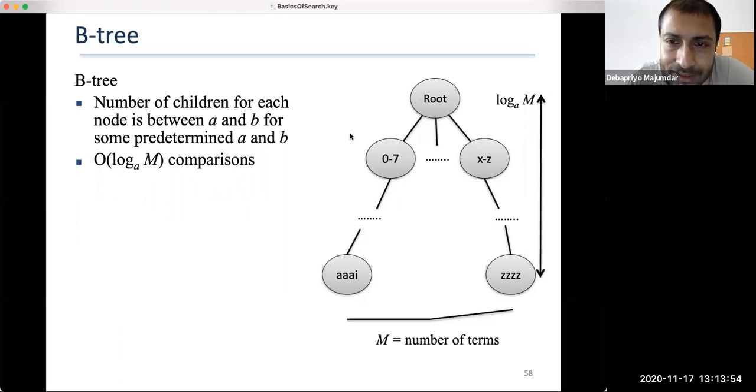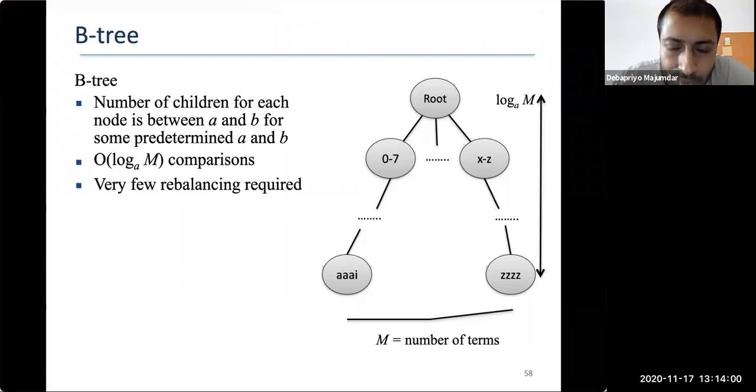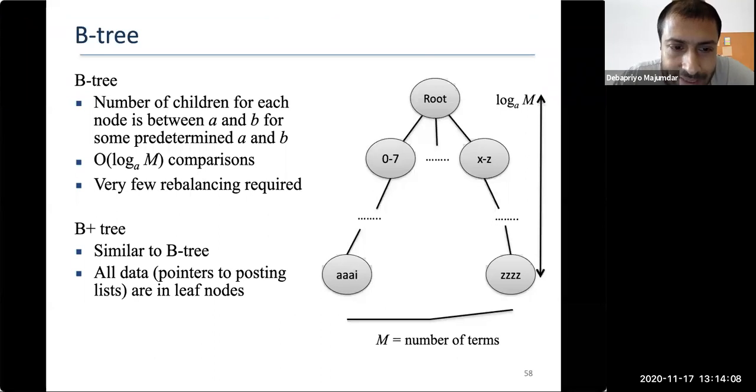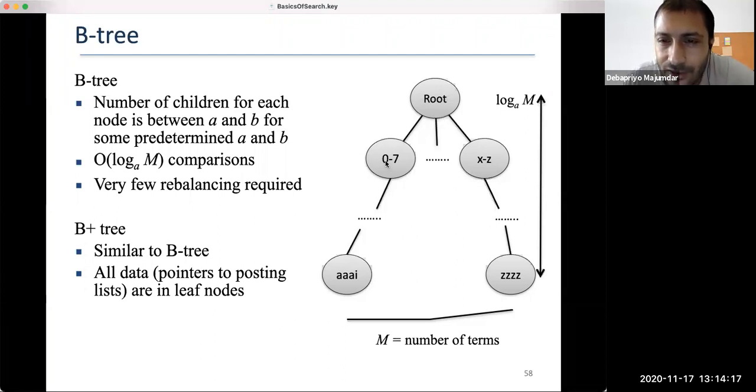Often for a search engine, you can actually get away with just a two level B tree or B plus tree. A B plus tree is similar to a B tree, but all the data pointers to posting lists are in the leaf nodes. So you have a root, then ranges like 0 to 7, X to Z, A to C, or whatever.